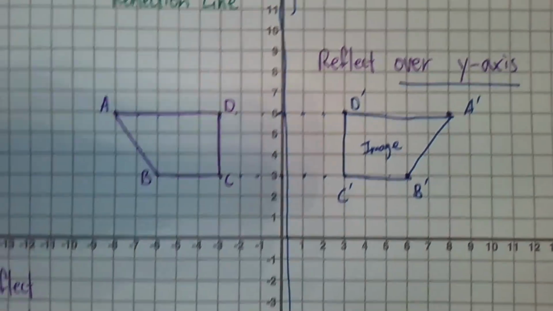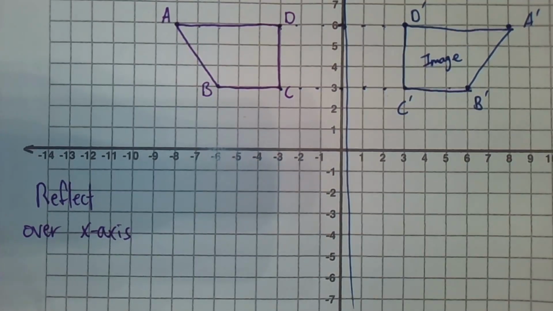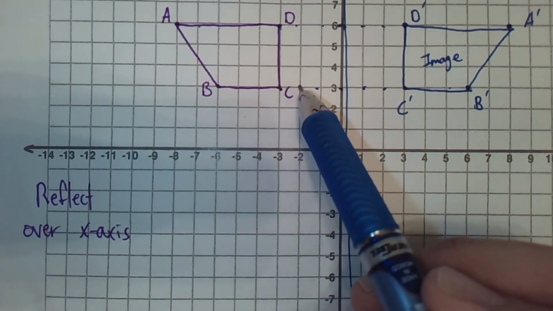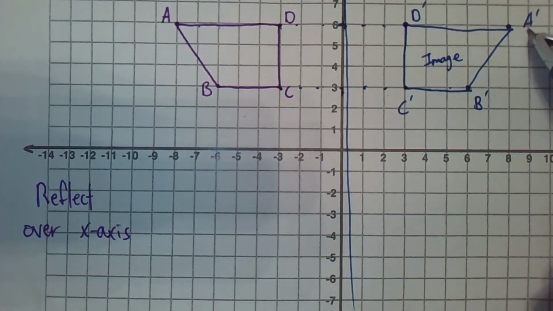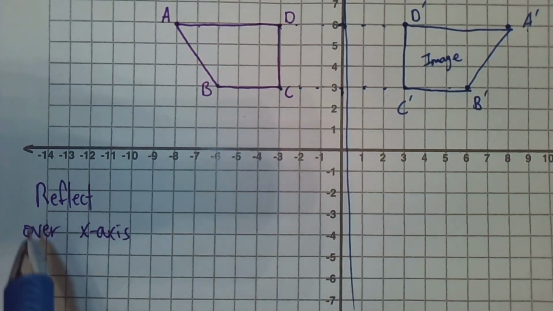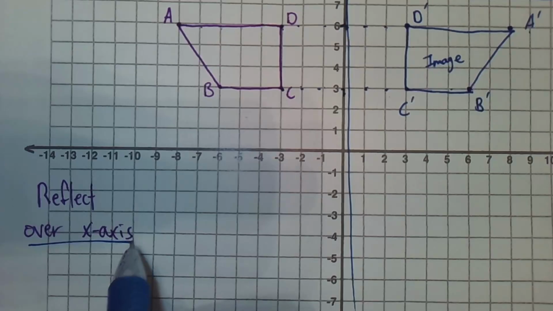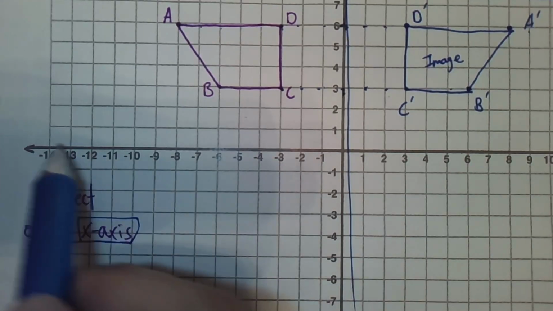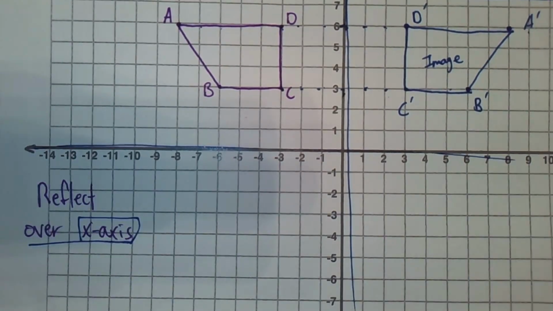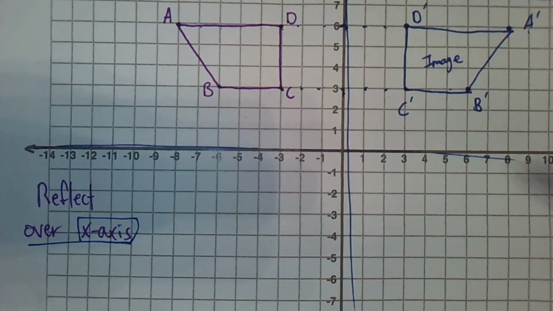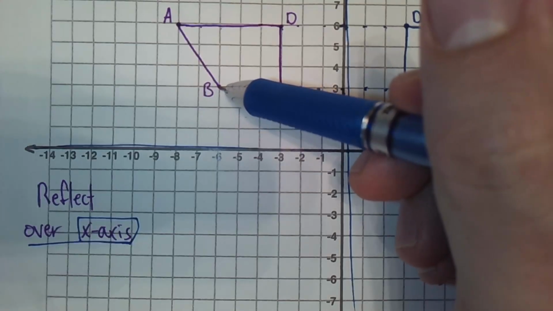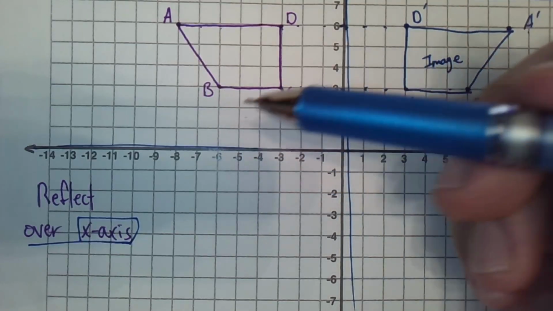What if we reflect over the x-axis right here? We do the same thing, but this time instead of counting the steps toward the y-axis, which was the reflection line for my first example, my reflection line is the x-axis, and that is my horizontal line right here. For each of these vertices, I do the same thing, but this time to the x-axis.